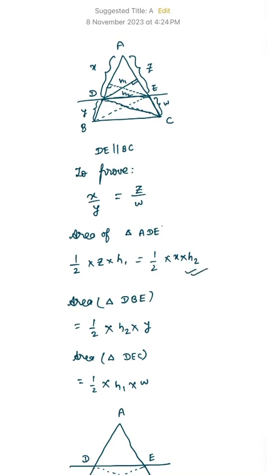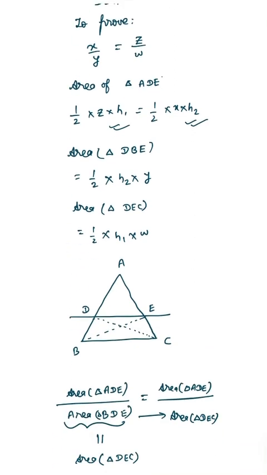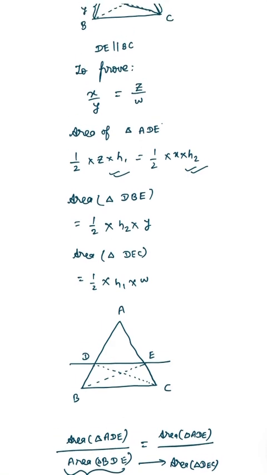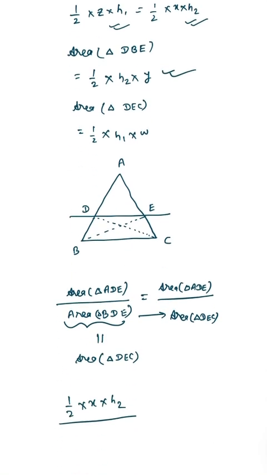So let's take 1 by 2 into H2 as area of ADE in this case. And area of BDE we had calculated as half H2 into y.